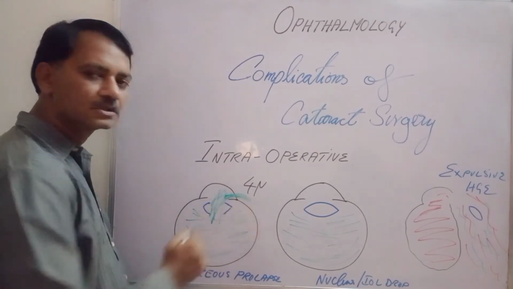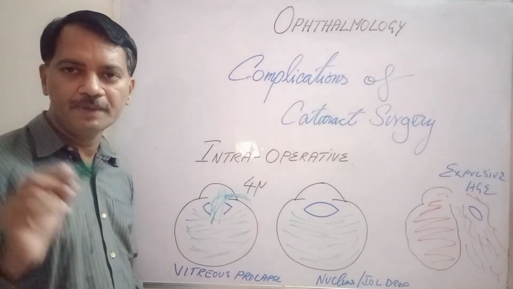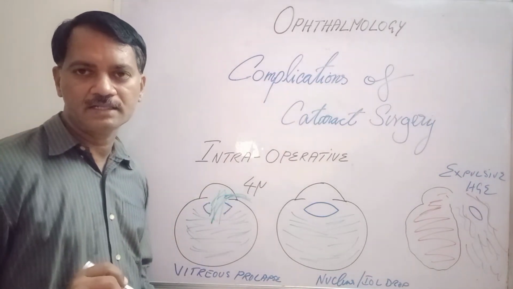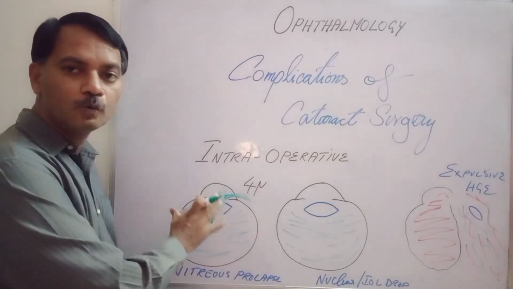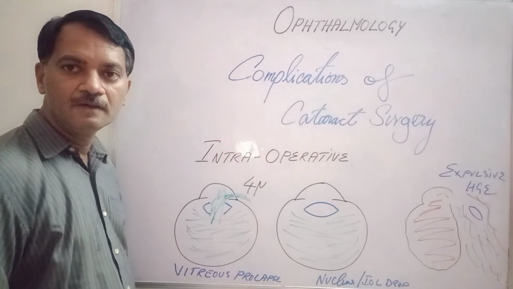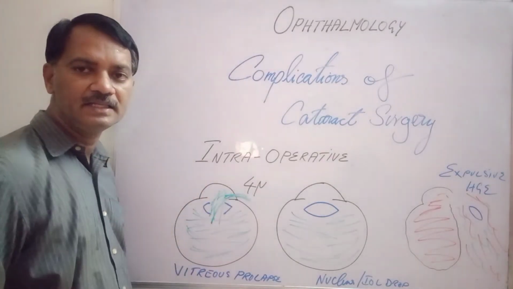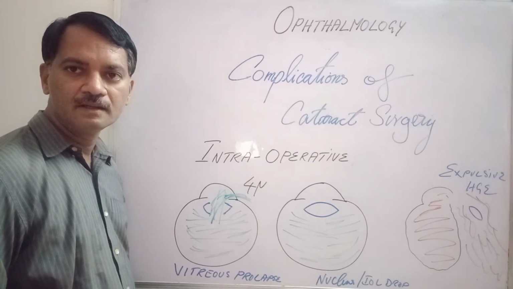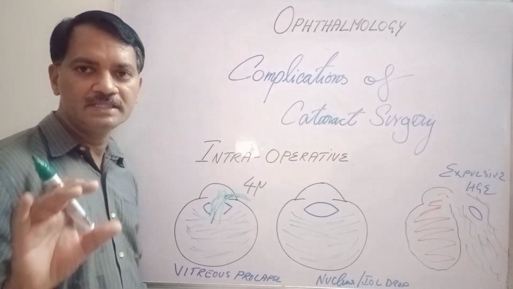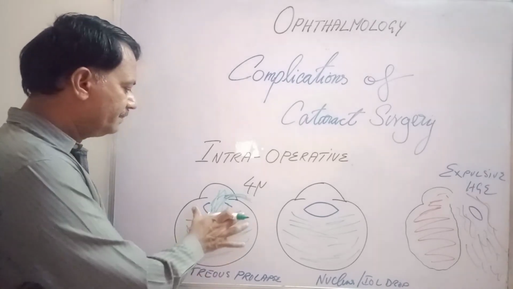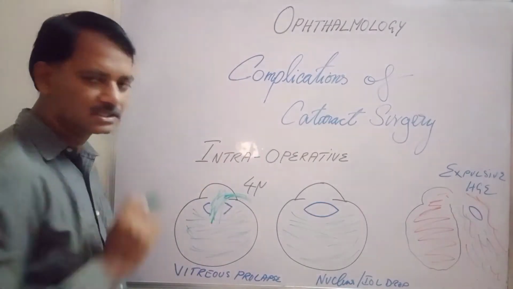So this is vitreous prolapse, a complication we meet in cataract surgeries. If such things happen, we have to do a thorough vitrectomy. We should make sure no prolapsed vitreous is there in the anterior chamber. Then only we complete the surgery by placing an IOL which can be attached to the sclera, or you can use an iris claw lens.